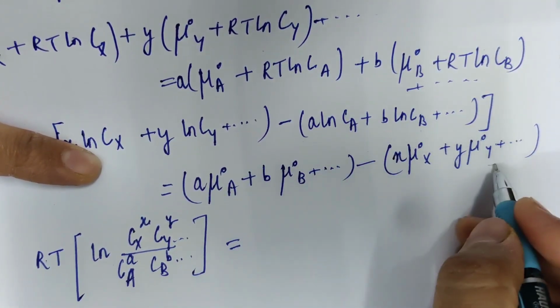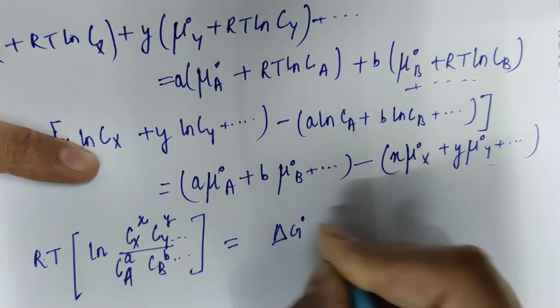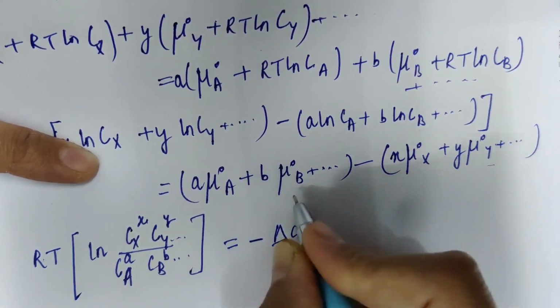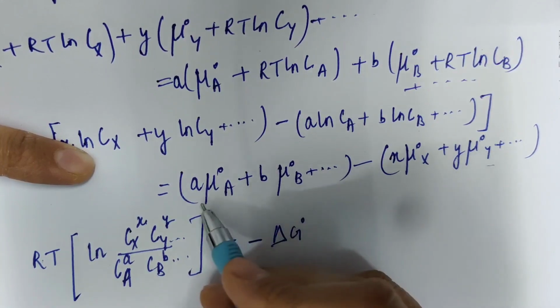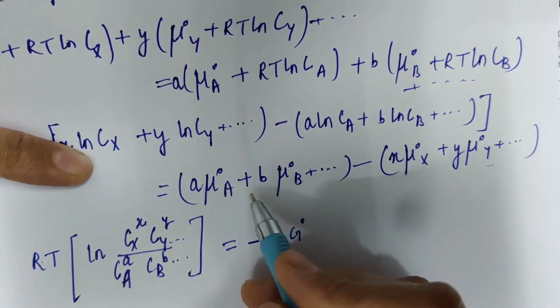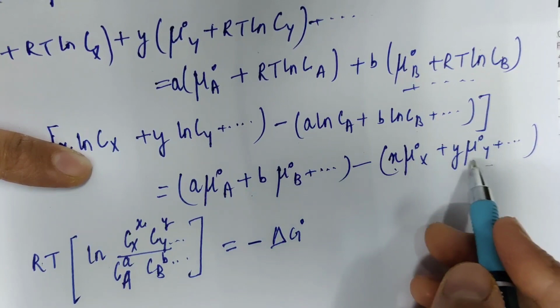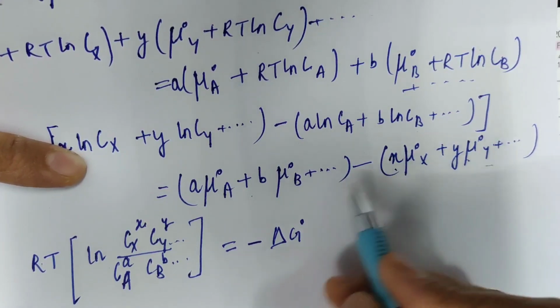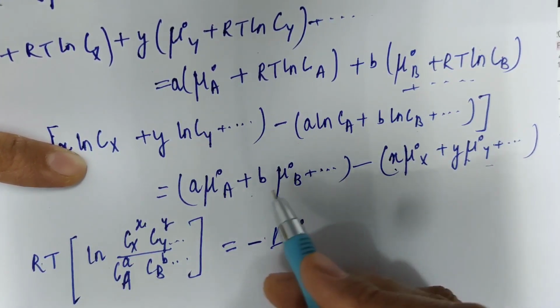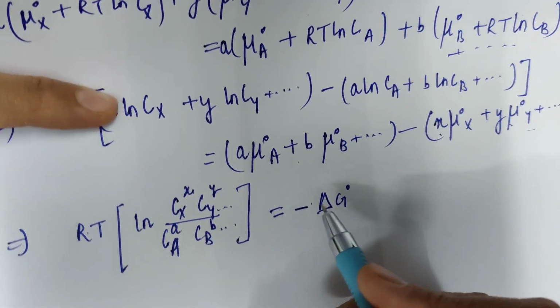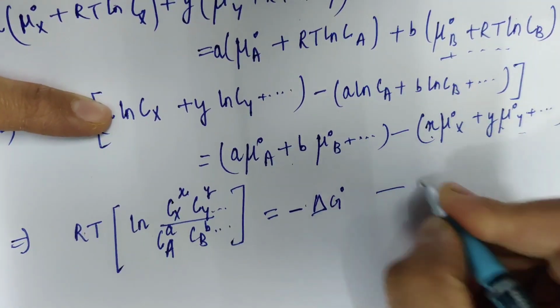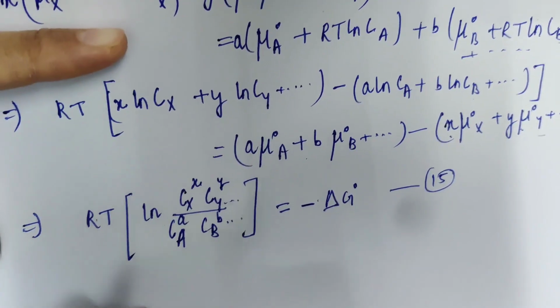This is nothing but our delta G naught as we have previously derived, and a negative sign will come because the sum of chemical potentials of reactants minus products is written here, but delta G is the Gibbs free energy of products minus reactants, so we put a negative sign here. Let's say this is equation number 15.